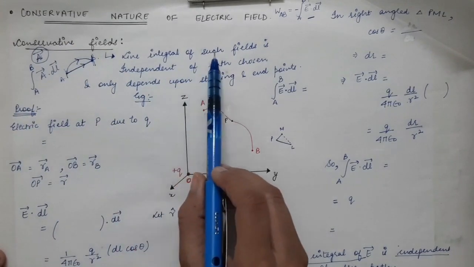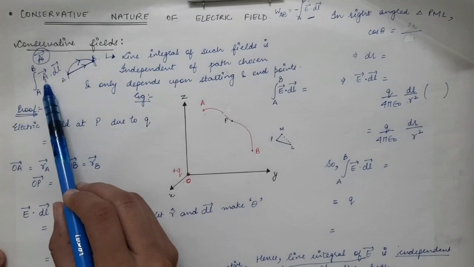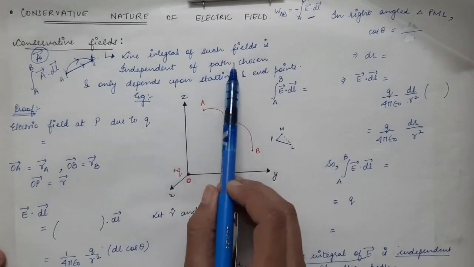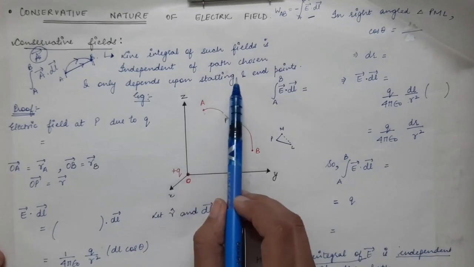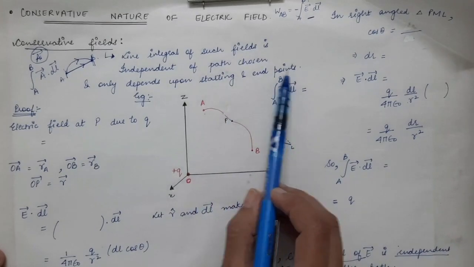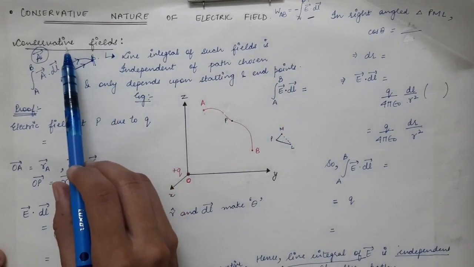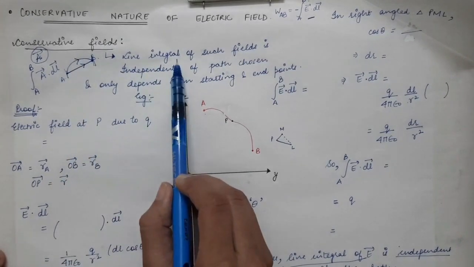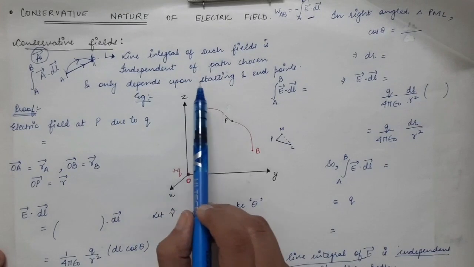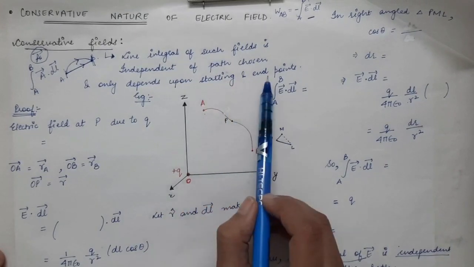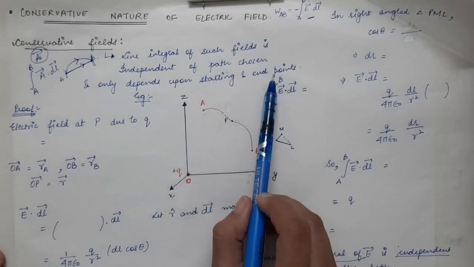So the line integral of such a field is independent of the path chosen, and it depends only upon the starting and the end points. So a field is called a conservative field if its line integration is independent of the path, as well as depends only upon the starting and the end points.